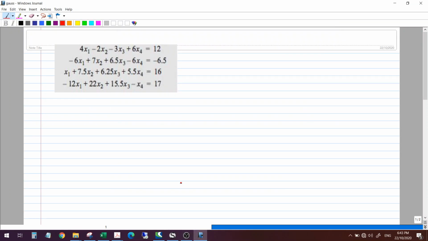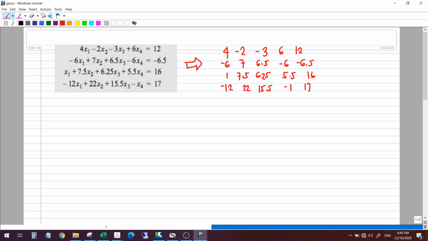We can transform that into a matrix like 4, -2, -3, 6, then 12 for the constant; -6, 7, 6.5, -6, and then -6.5; coefficient of x1 is 1, 7.5, and then 6.25, 5.5, and then 16; we have -12, 22, 15.5, -1, and 17. So this is our matrix for that.